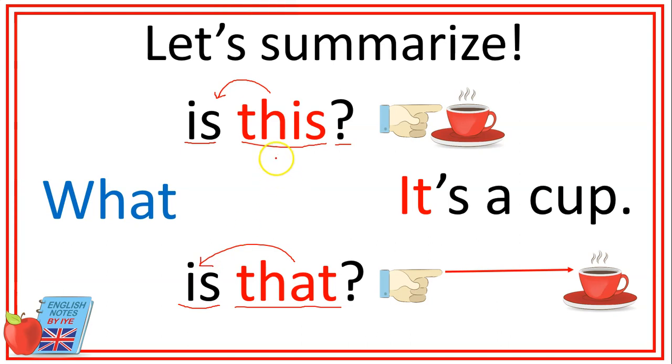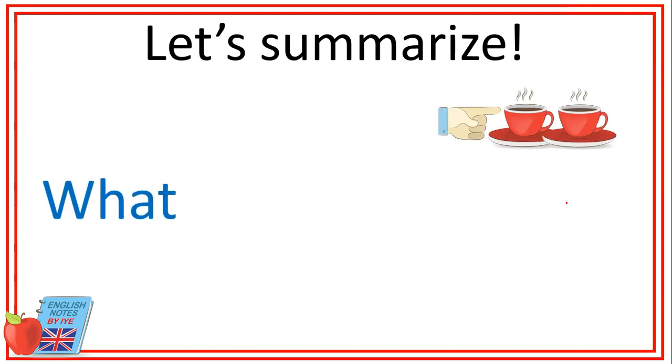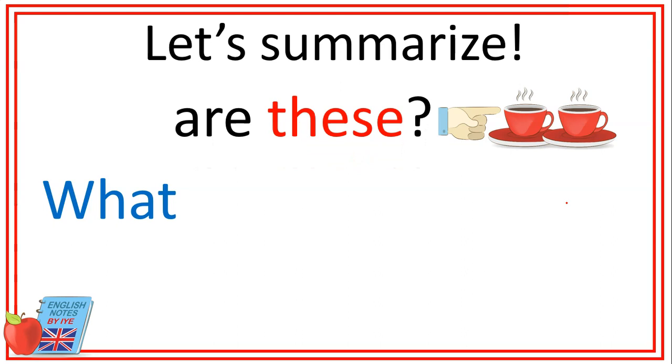And in the answer, we substitute this and that for the word it. So we say it's a cup. Okay? Now, let's summarize the plural ones. We use what to ask questions about plural objects. For example, what are these? We use these because the objects are near and they are plural. We use are because the objects are plural, and remember that the verb to be always goes before the subject when asking questions.